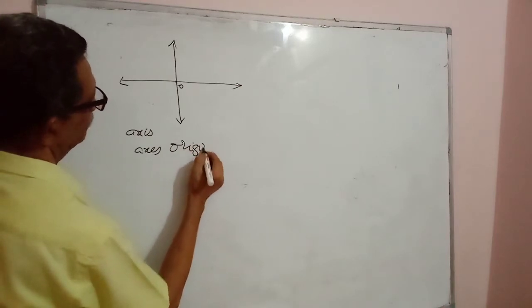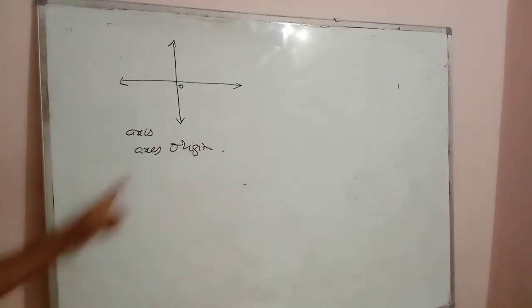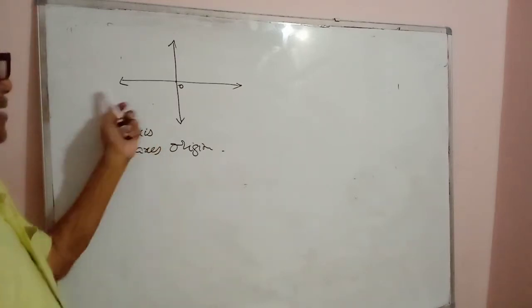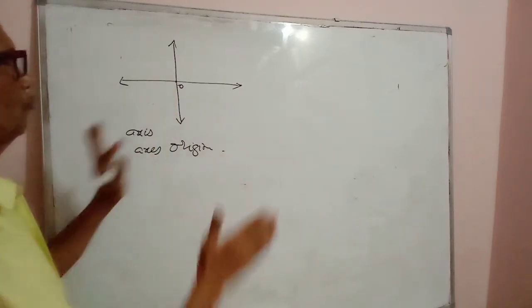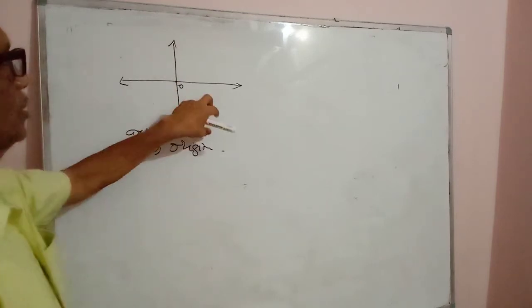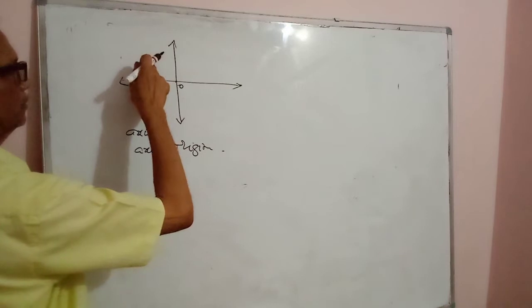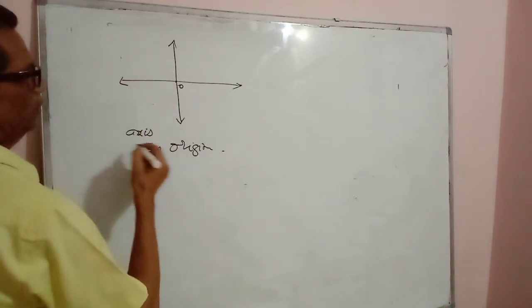The origin is denoted by the letter O. If the two perpendicular lines divide the entire plane into four parts, each part is called a quadrant. This is called the first, second, third, fourth.